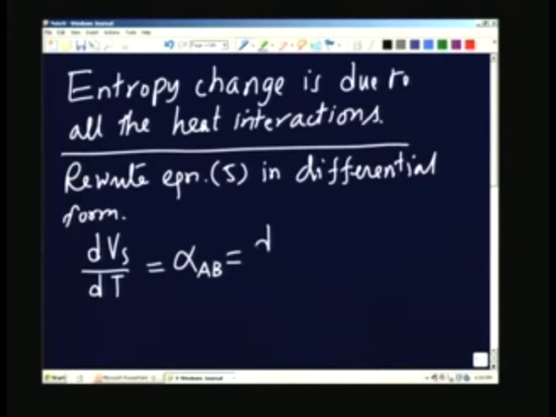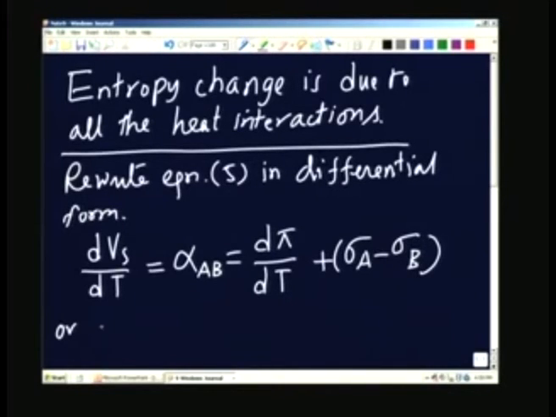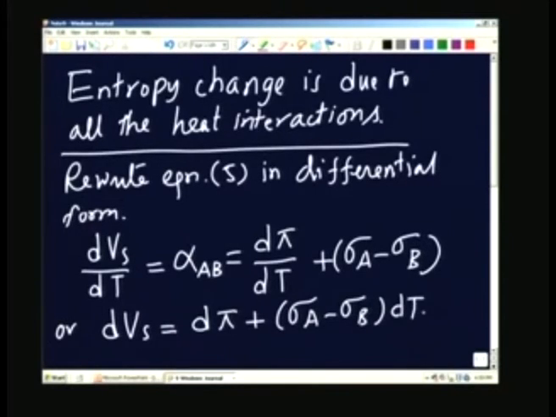This is given by d pi by dt plus, when you differentiate the integral with respect to t, simply sigma a minus sigma b, or dVs is equal to d pi plus sigma a minus sigma b into dt. I think this is equation 8.